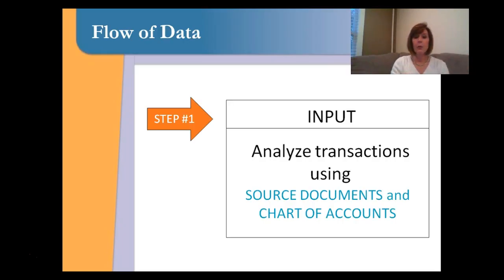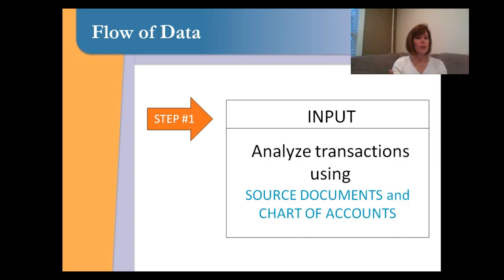So we're going to start with our source documents, and we're going to analyze these to determine what this transaction really is. A source document could be an invoice, it could be somebody's time card, it could be a check that we're writing.